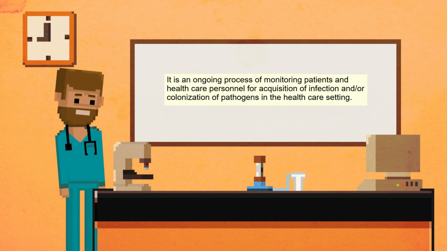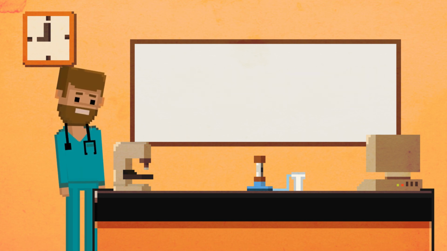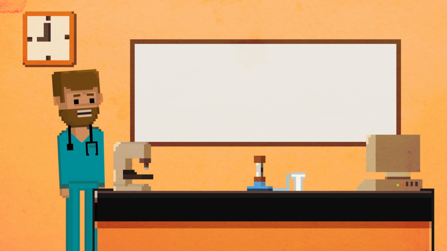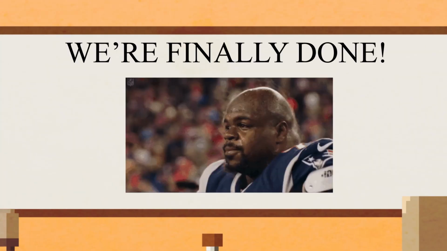So, surveillance is basically the process that ensures that infection control procedures are working, and it's an ongoing process of monitoring patients and healthcare professionals for acquisition of infection and or colonization of pathogens in the healthcare setting. So basically, surveillance is to determine if personnel are complying with policy and procedure, making sure they're washing their hands and all that stuff.